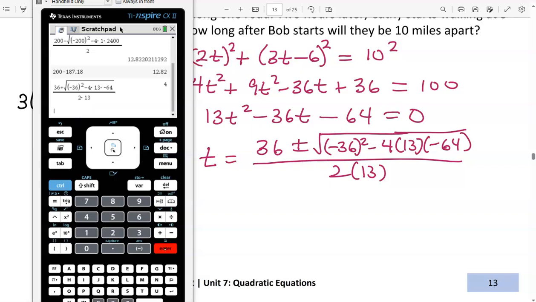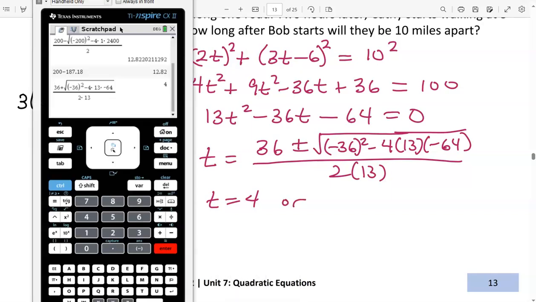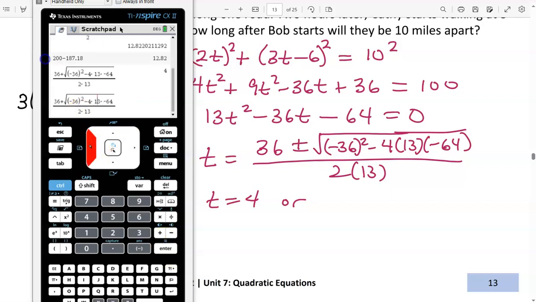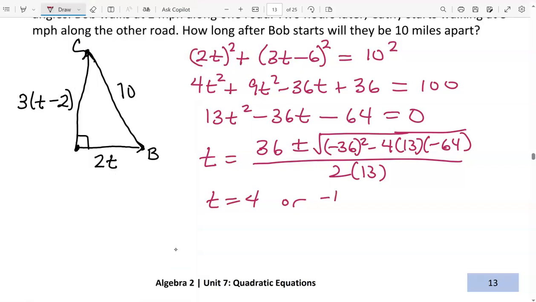And that gives us a t-value of 4. Or we have a second solution, which we can find by exchanging that plus for a minus. And that'll give us a value of negative 16/13.